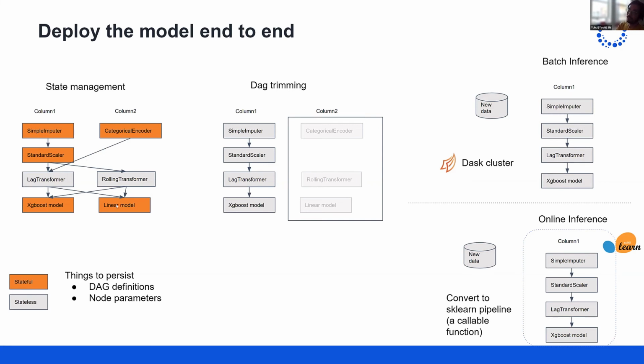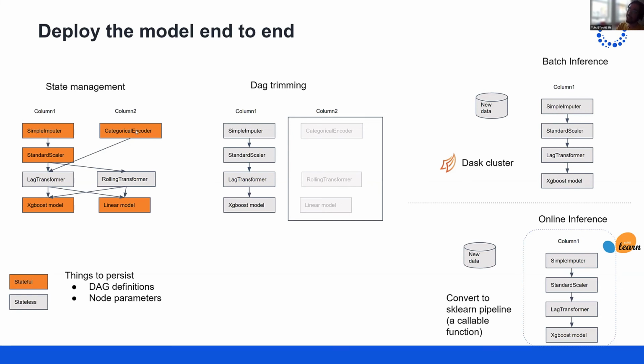in production. So what we are going to do is first keep a record of all those different transformation processes, and some of them are going to be stateful, while other things are going to be stateless. Stateful means these transformations come with parameters.